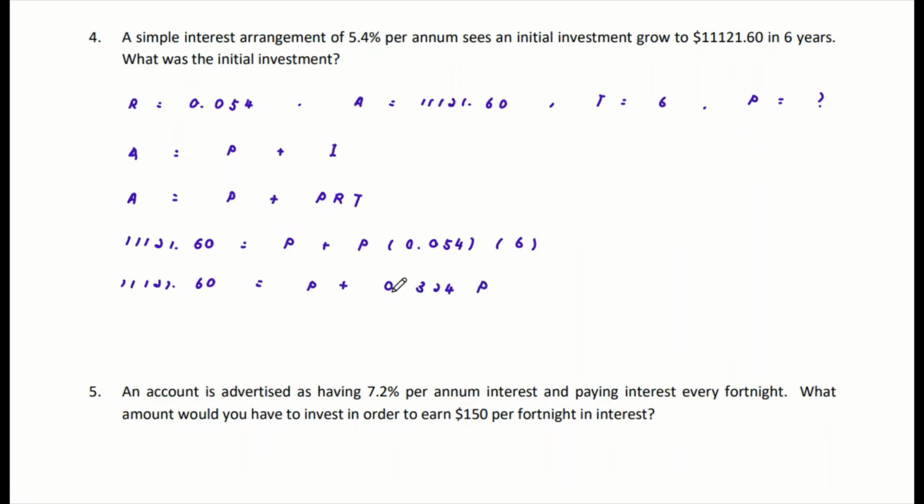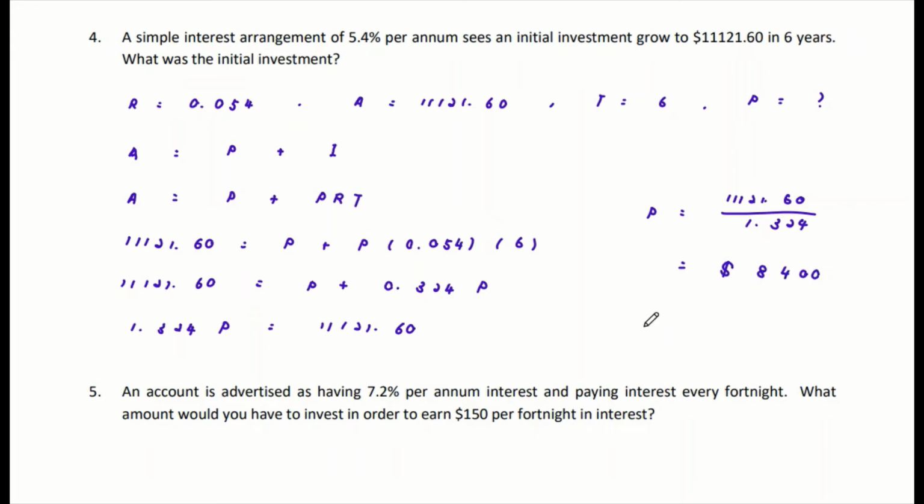So these two you can add together, right? So 1 plus 0.324, then we can get 1.324P will be equal to 11121.60. So from here, we'll be able to get P is equal to 11121.60 divided by 1.324. And from here, we'll be able to get our principal as 8,400.